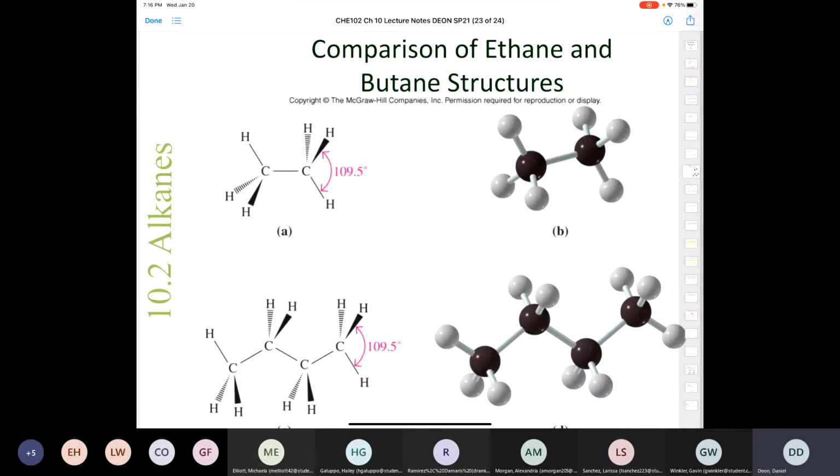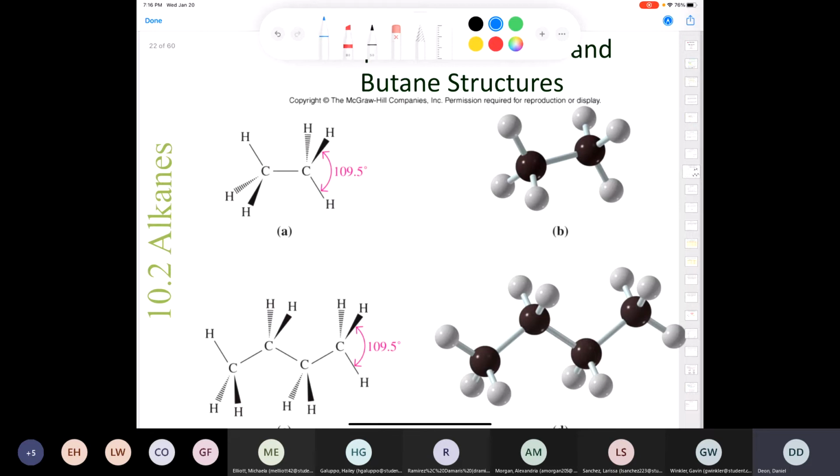So if we look at ethane and butane, ethane was CH3, CH3, and butane was CH3, CH2, CH2, CH3. Let me pause here and make a quick model.